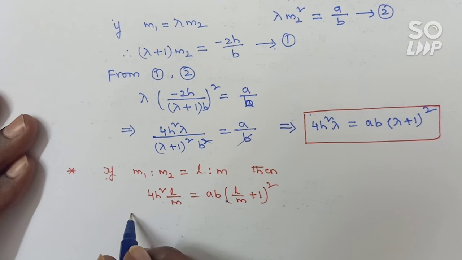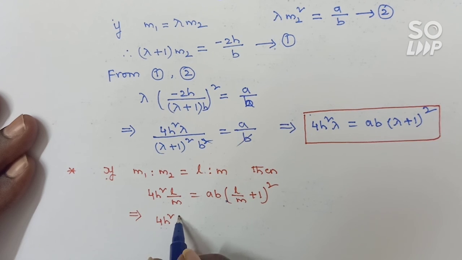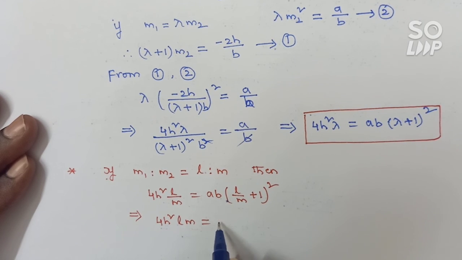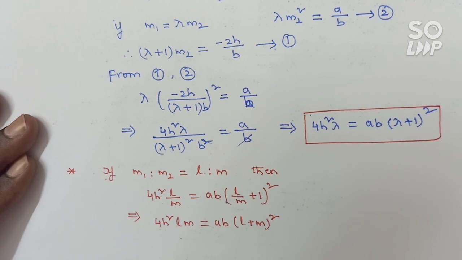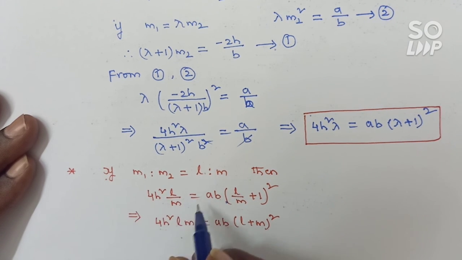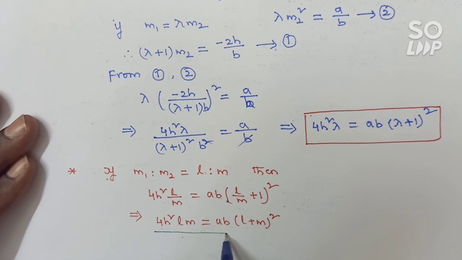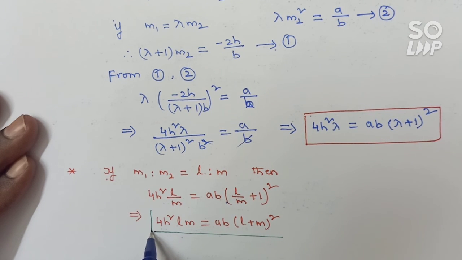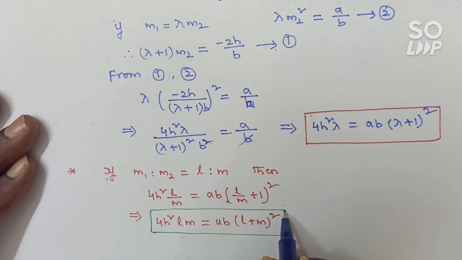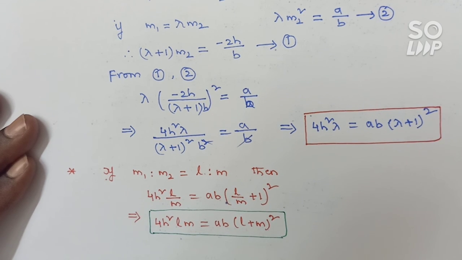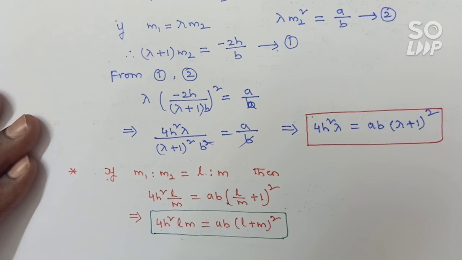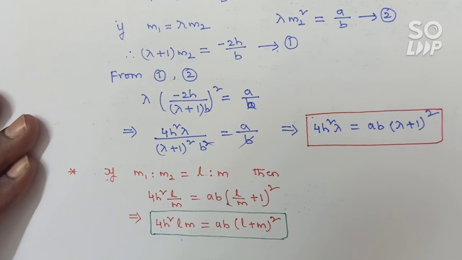Now you take the LCM, that implies 4h square into l into m is equals to ab into l plus m whole square. That means if the slopes are in the ratio l is to m, then the condition will be 4h square into l into m is equals to ab into l plus m whole square.